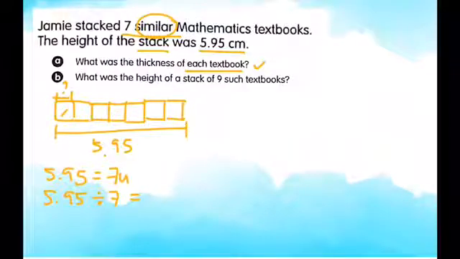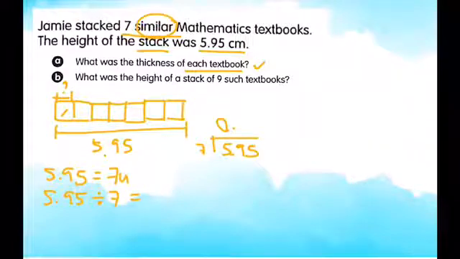Now, for this part, I want you to be very careful with your working, and also, as much as possible, write nicely and neatly. So I would be sharing 5.95 by 7. How many 7s are there in 5 ones? 0. 7 is bigger than 5.